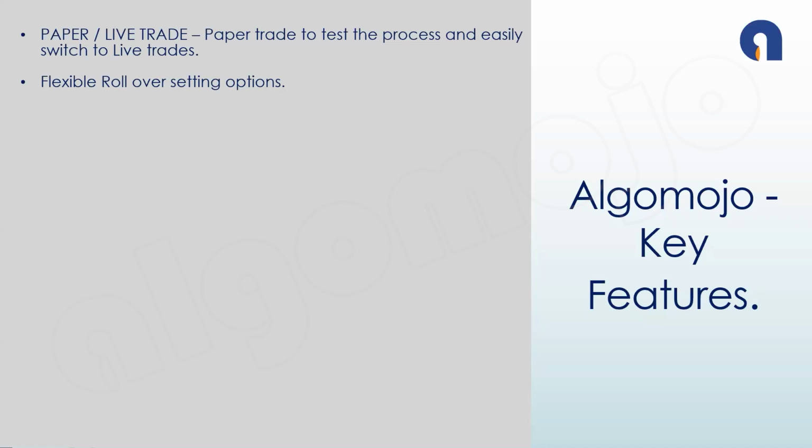On that day, I want the rollover to happen at say 12 o'clock in the afternoon or 1 o'clock in the afternoon. So you can set the time and date when your position should be rolled over. Accordingly, our system will look at what are the positions open, and then it will automatically close the existing position of the current month or the week, and then take the positions for the next contract as such.